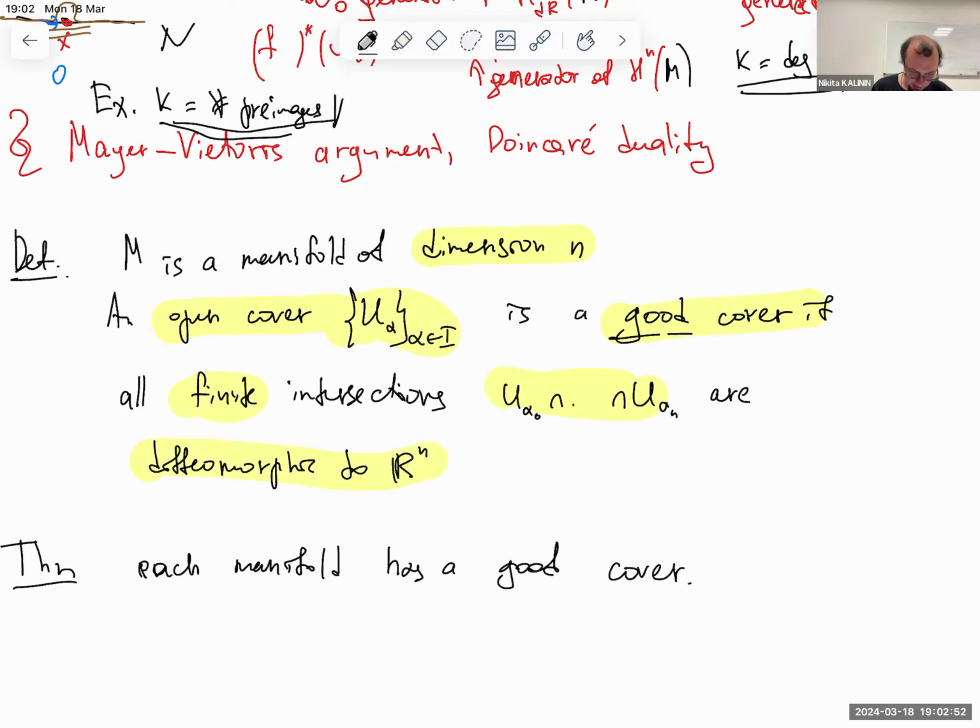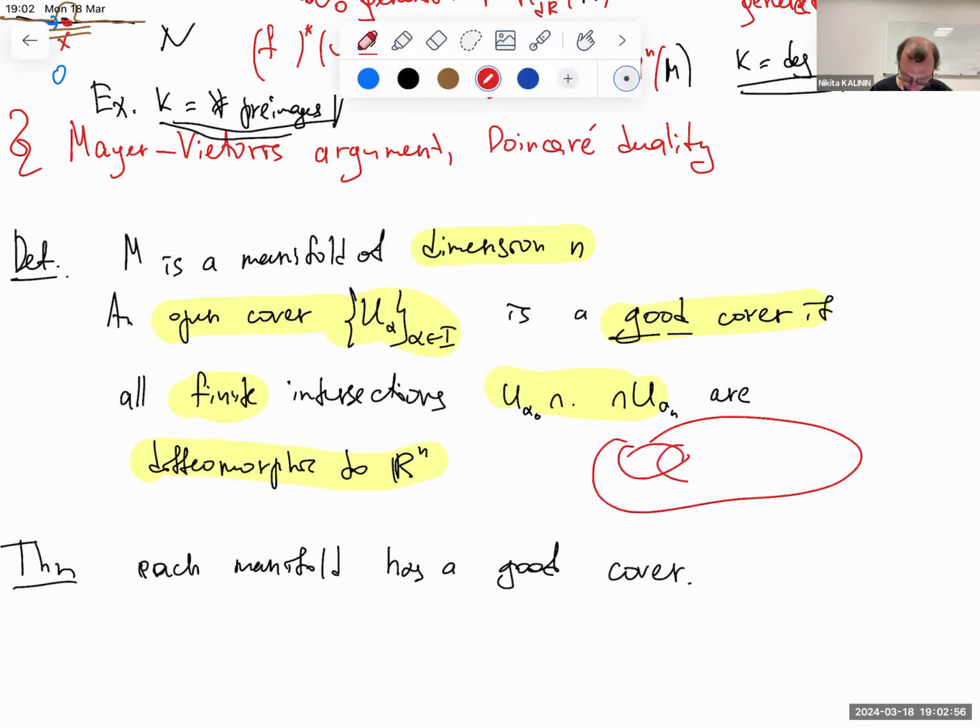The picture is like this: you have a surface with a cover like that, and the intersections are all also kind of disks.